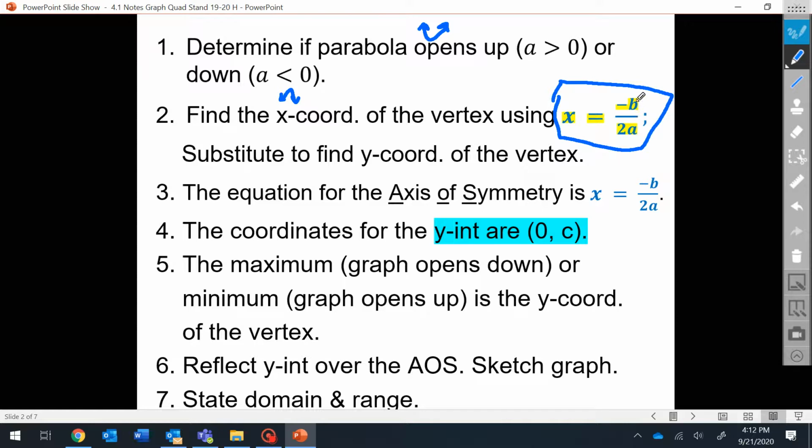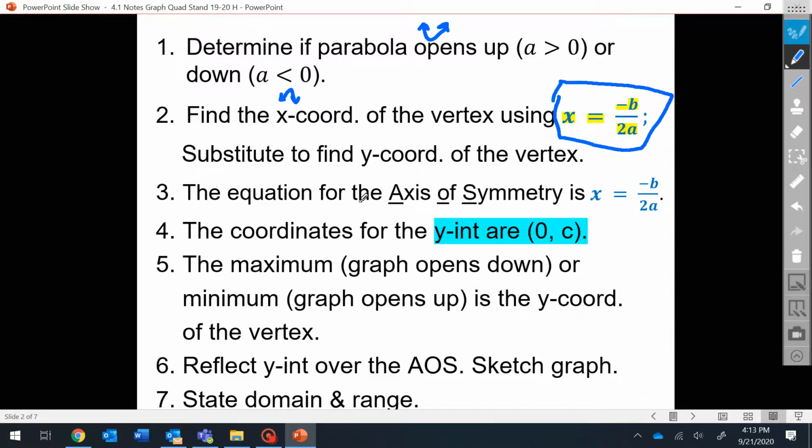That would be the b, the coefficient of the x term, divided by 2 times a. A is the coefficient of the x squared term. And then you will substitute that x-coordinate into the equation to find the y-coordinate for the vertex. And then you'll have the ordered pair for the vertex.